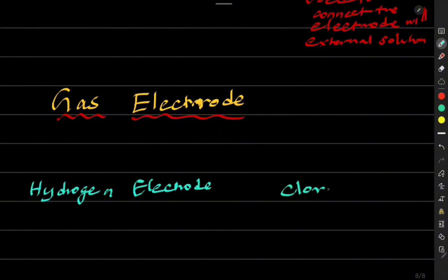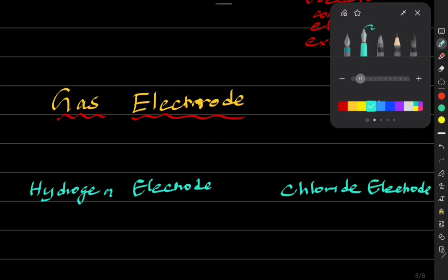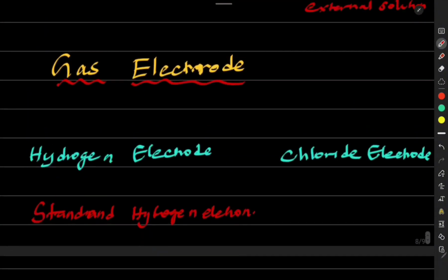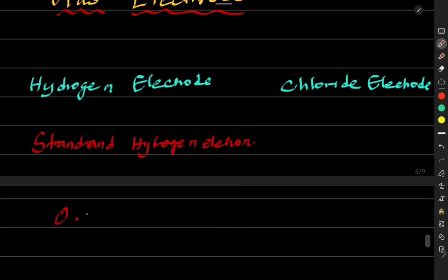And the next one is the chlorine electrode. The hydrogen electrode is called the standard hydrogen electrode, and its potential is 0 volts.